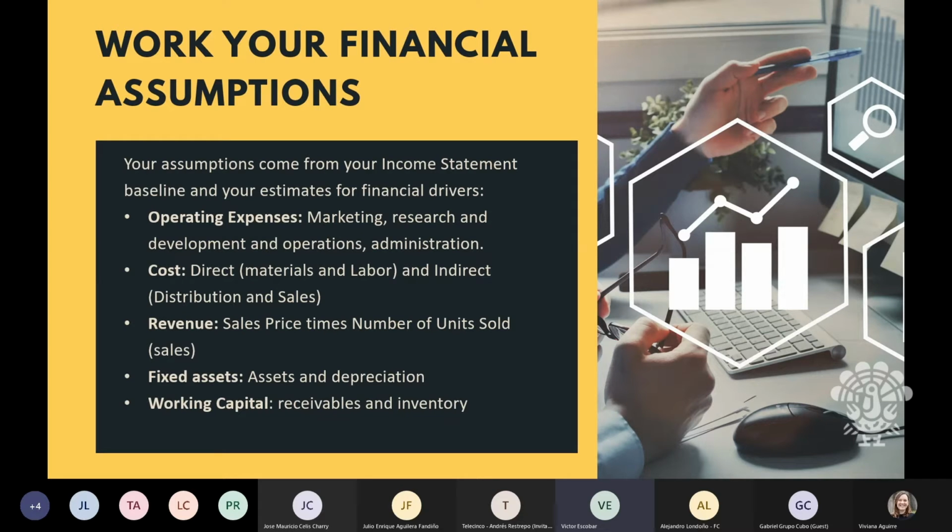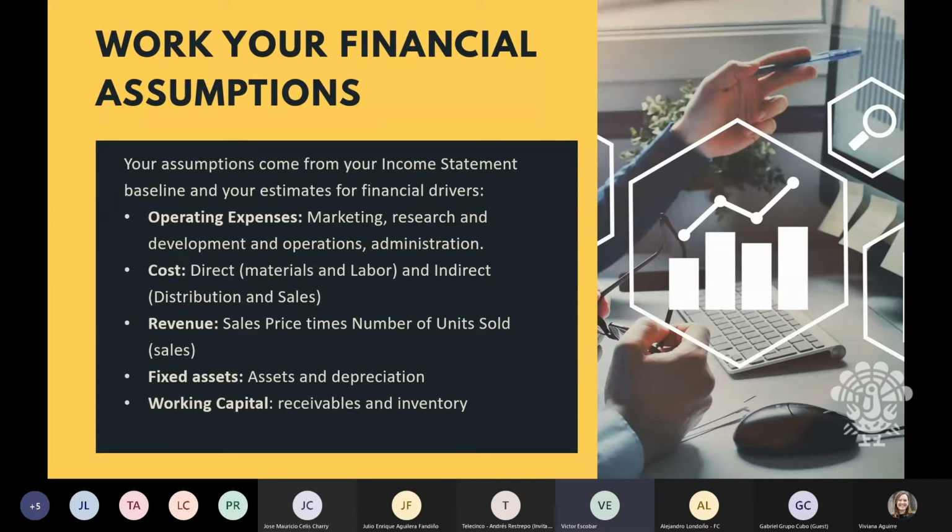That will involve your payroll and every single expense that you have with your employees. And the indirect aspect of the cost will be the distribution and the sales of your service or product.